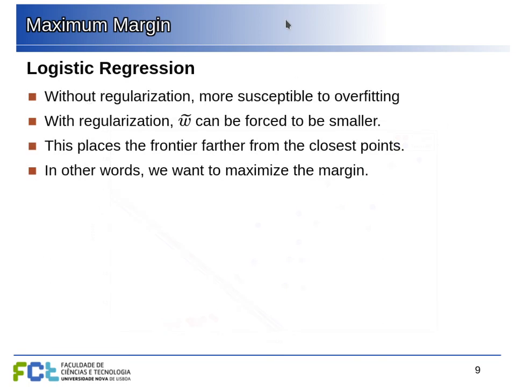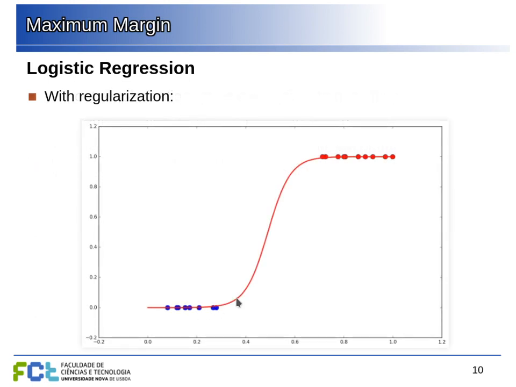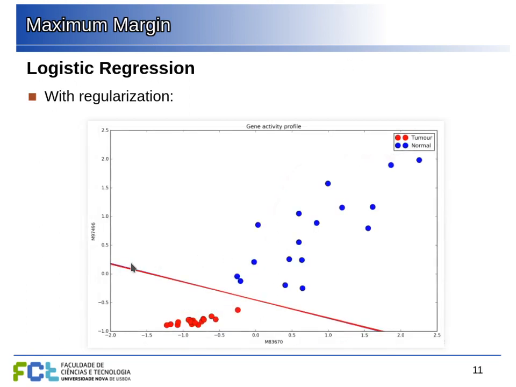We force the change from 0 to 1 to be more gradual, and this in turn will force the discriminant, which we consider to be the midpoint between probability 0 and probability 1, so when the probability is 1/2 of belonging to either class, to converge to a position that is farther from the points in either of the classes.